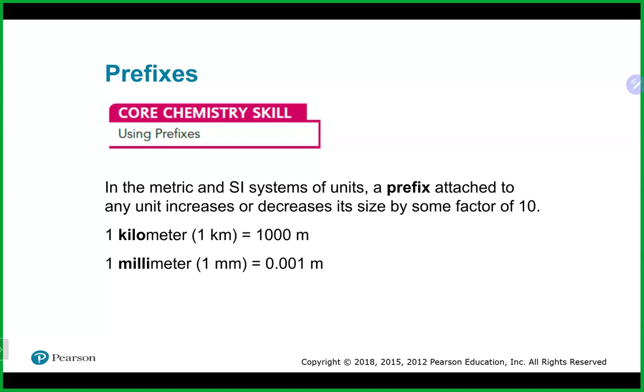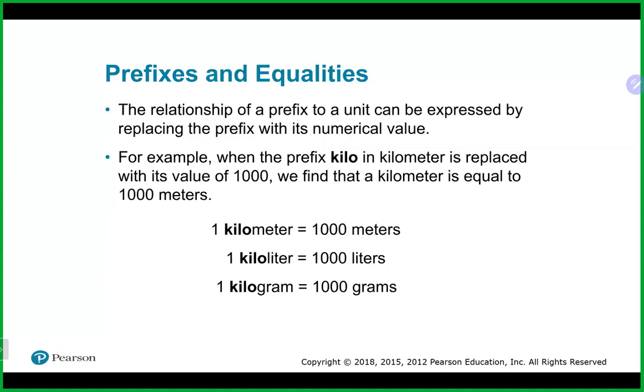So kilo is kind of like 1,000, is one way that you could look at that conversion. 1 millimeter is equal to 0.001 meters, and milli is basically 1 times 10 to the minus 3. So these prefixes are used to change some of the meanings of these numbers.